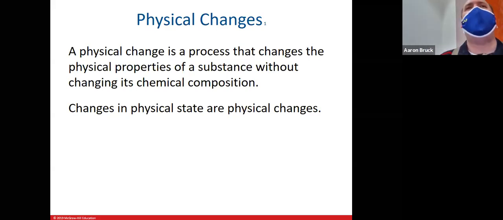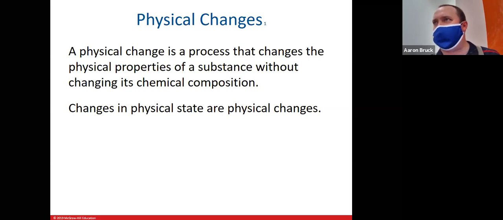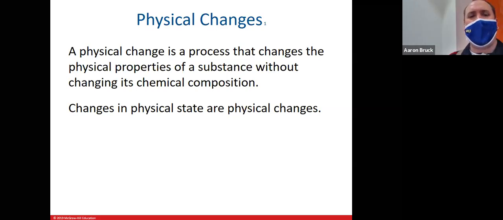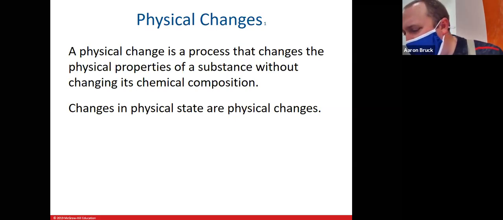Now, most of the time when we think about physical changes, we usually think about phase changes. We already talked about all the different phase changes: liquid to solid, solid to gas, gas to liquid. But other kinds of physical changes exist as well.